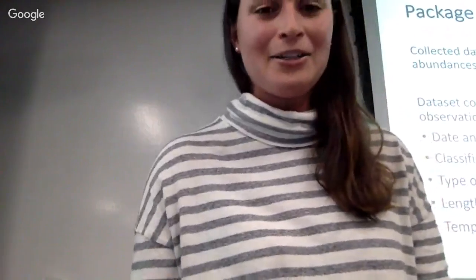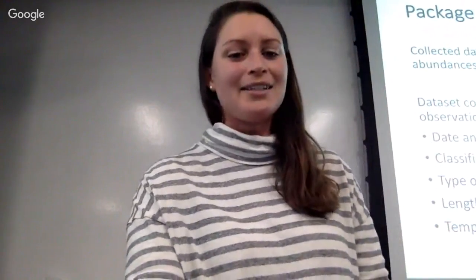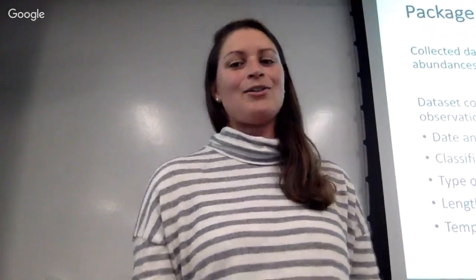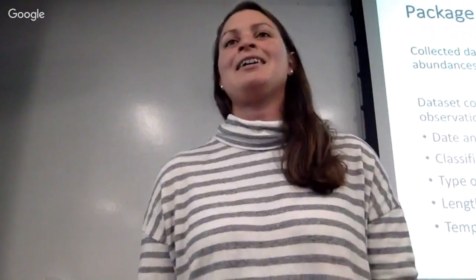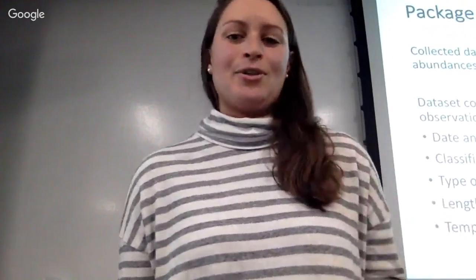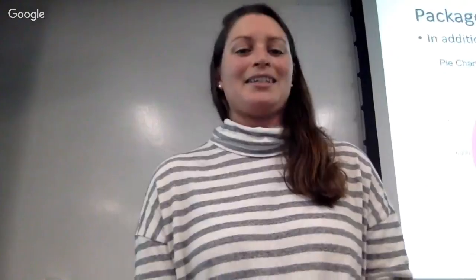So we created this Shark R package that just has the data, and then also created a little vignette going through some basic analyses, looking at the different species of sharks that were caught off the coast of North Carolina.